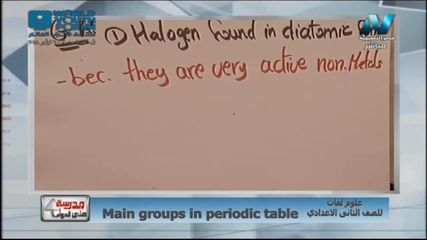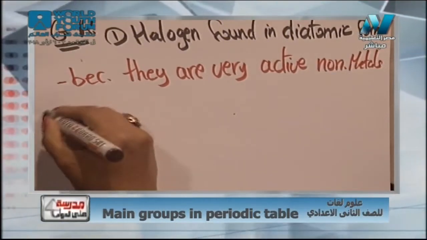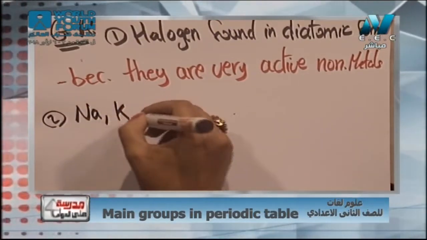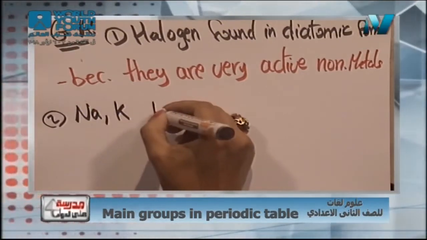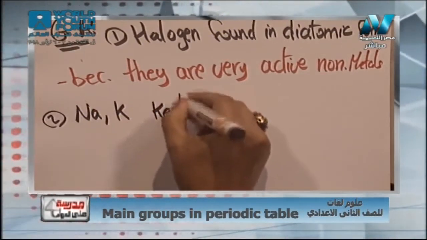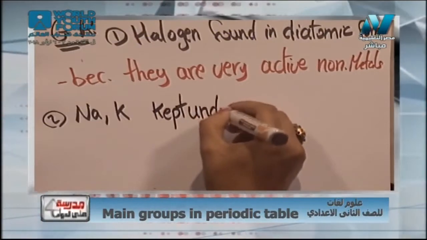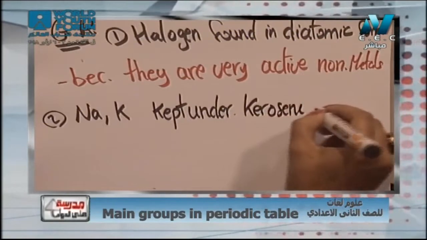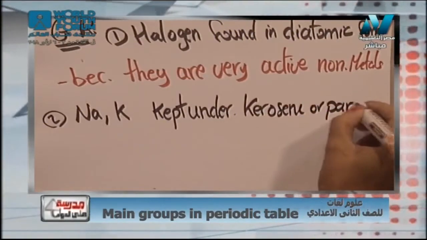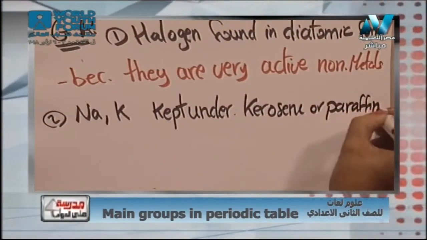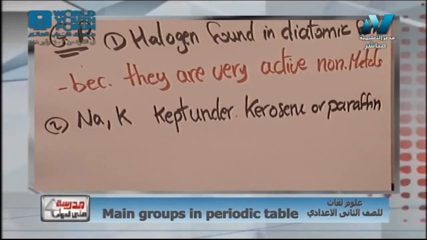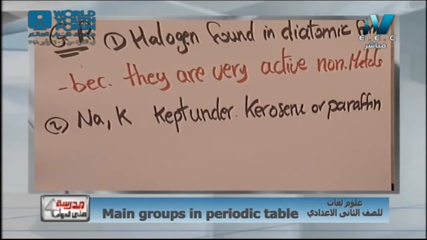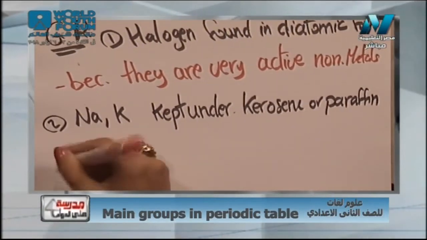The second give reason: sodium and potassium are kept under kerosene or paraffin. We said that sodium and potassium are very active, so we must keep them under kerosene or paraffin. Why?